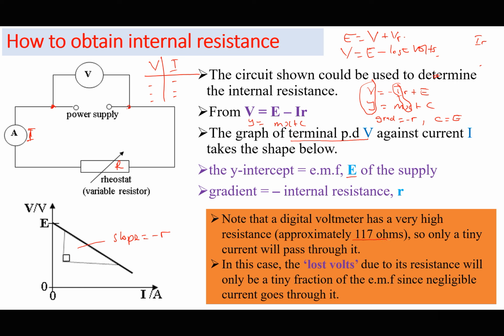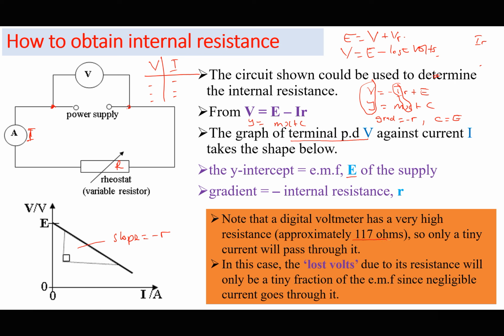In comparison to the currents we use in the laboratory, which are very small currents, this resistance is very large. It can be considered to be infinite. So only a tiny current can pass through the voltmeter. After all, it is not designed to measure current. It is designed to just compare potential between 2 points and give a potential difference.